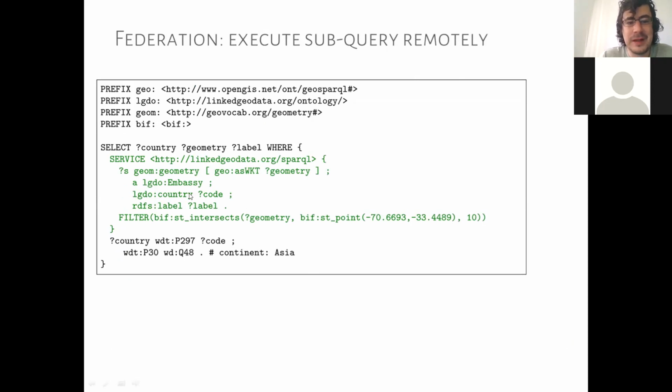So here we have a real example, which is, okay, a little bit complex perhaps, but what we're looking for is embassies in Santiago that are embassies of Asian countries. The problem is that we don't have all the information we need in Wikidata. We don't actually have all of the coordinates of the embassies. However, there is this external data set called Linked Geodata, and in Linked Geodata, we have precisely this information.